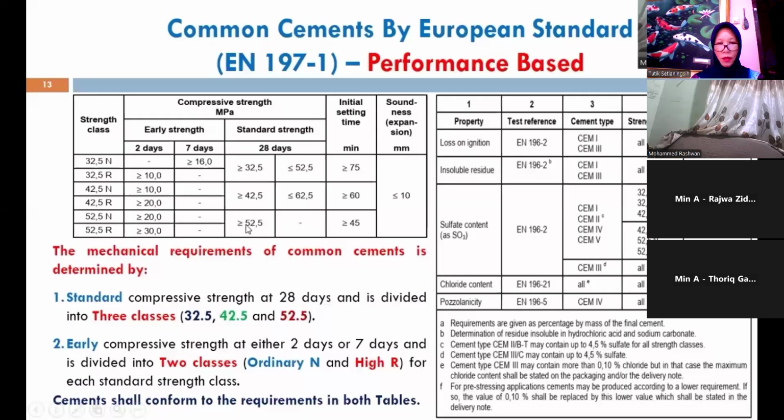Finally, 52.5 megapascal minimum with no maximum limit.